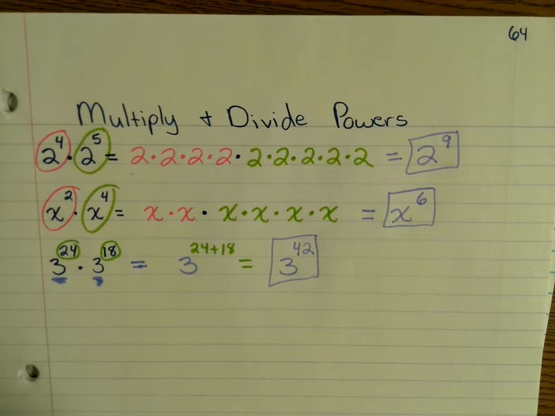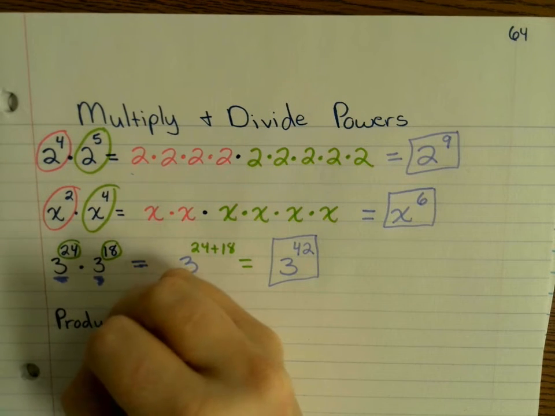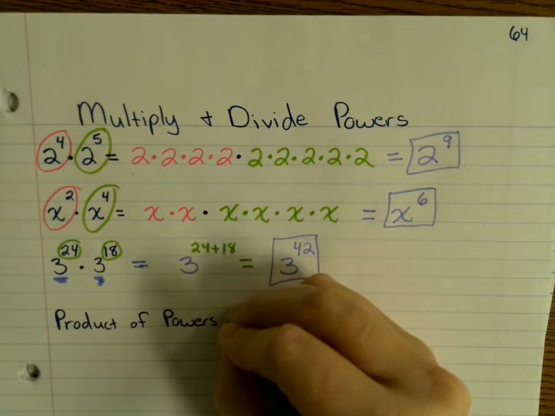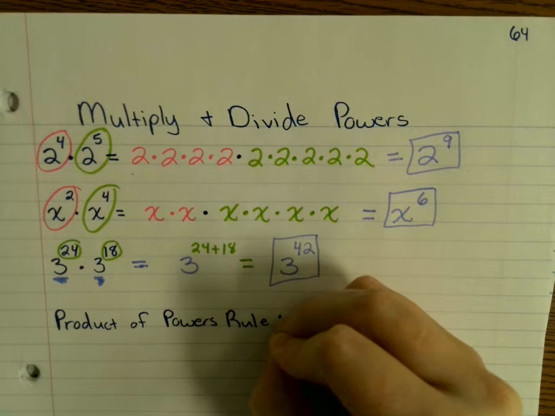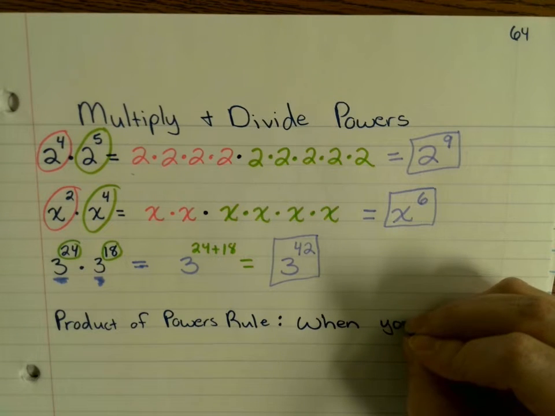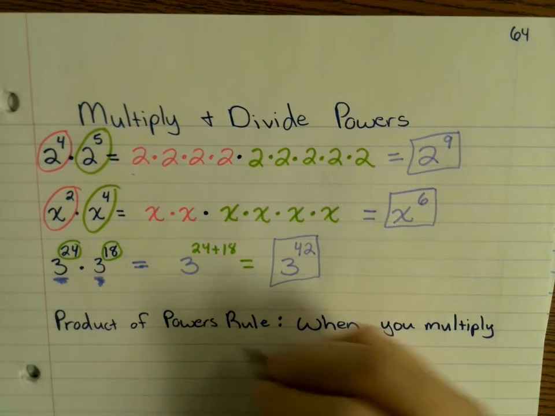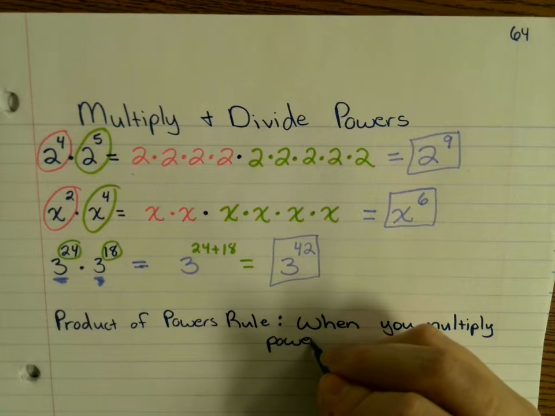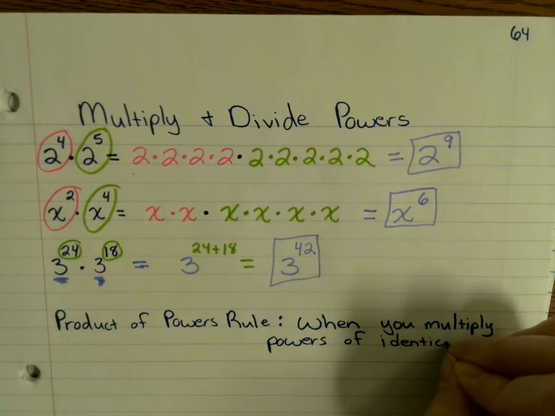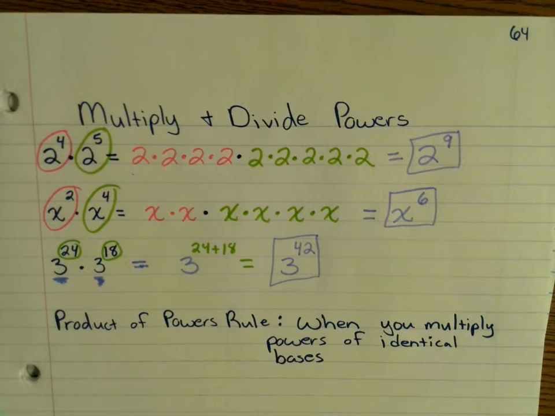So let's write that down. That's called the product of powers. The product of powers rule. So if you come across a situation when you are multiplying powers of identical bases, and it's important, the bases have to be identical.